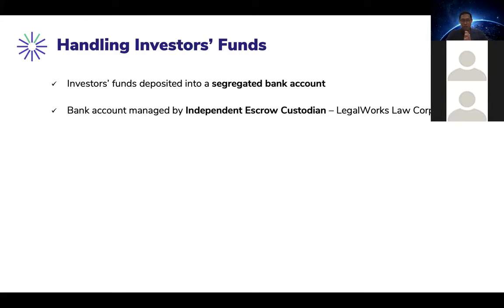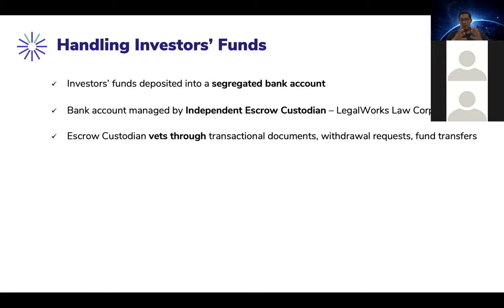For all our transactions, the escrow agent plays a very important role. Firstly, they have to vet through all the contracts. They will double check the payment terms, the transaction sum, and the transaction conditions, ensuring all these have been fulfilled. After that, for all movements of funds, there will always be two approvers, the escrow agent and RealVantage. This is a check and balance mechanism.